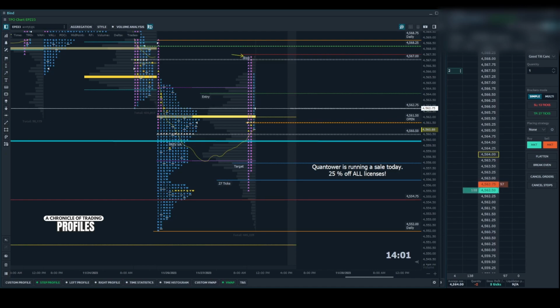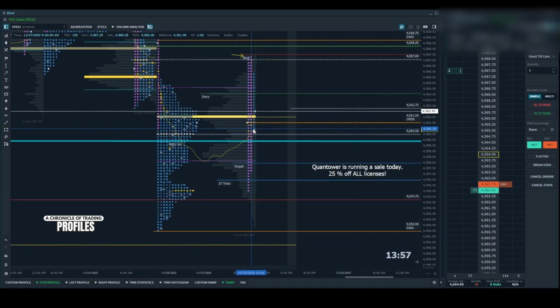Looks like we're starting to make some progress. Still want to keep an eye on them. If we get some type of major bounce here, that'll be a change from this rotation that we've been doing.